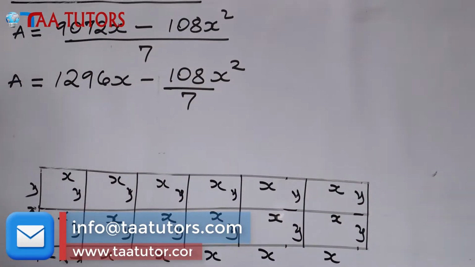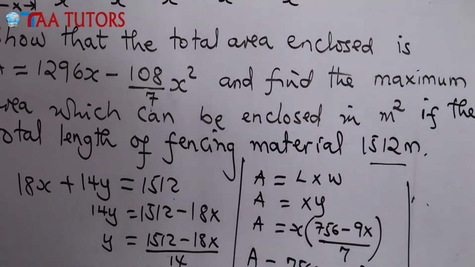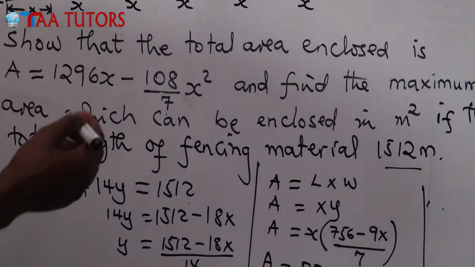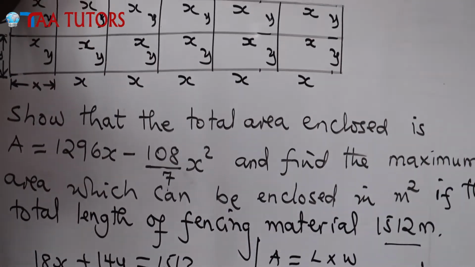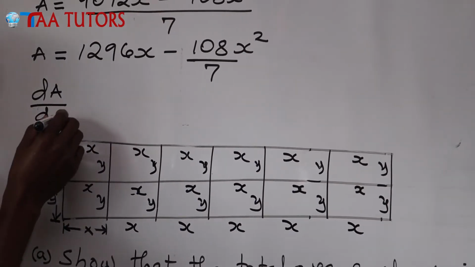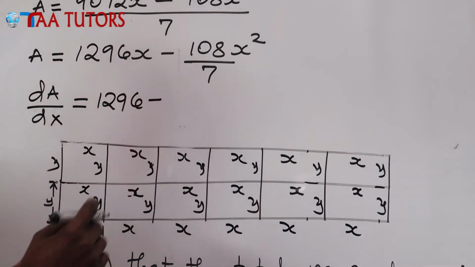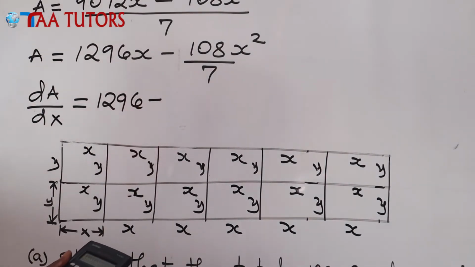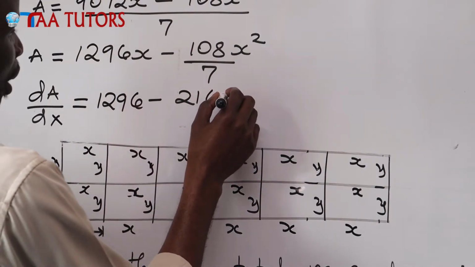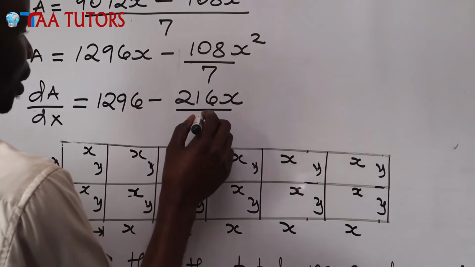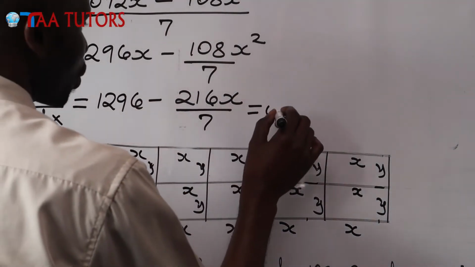Then the second part of the question is to find the maximum area which can be enclosed in meters squared if the total length is that. If we want to get the maximum area, we have to differentiate: dA/dx equals 1296 minus 108 times 2, that is 216x over 7. But at this particular point, this is equal to 0.